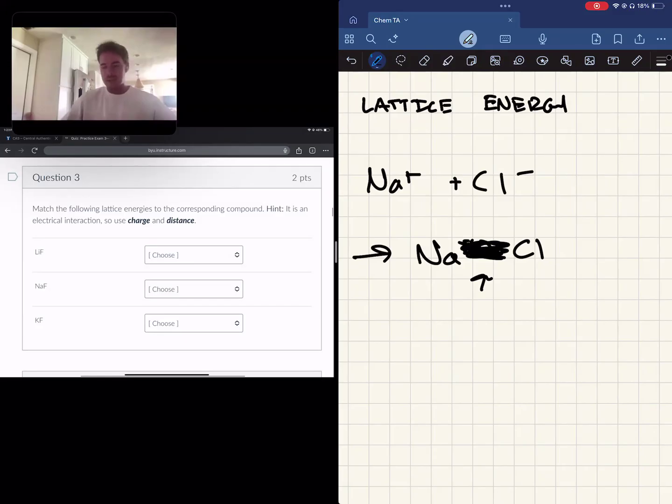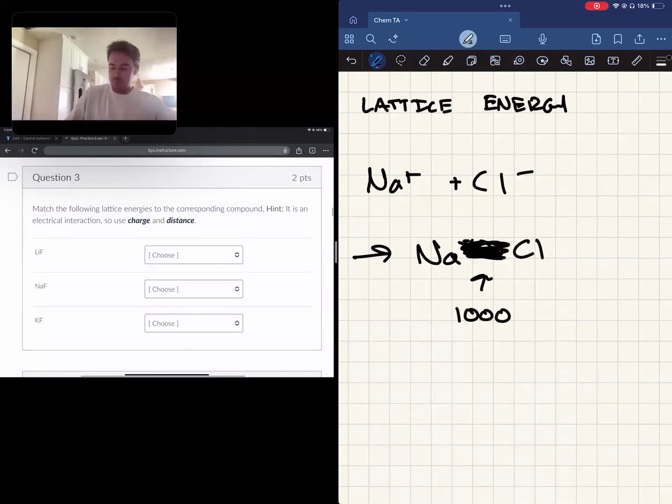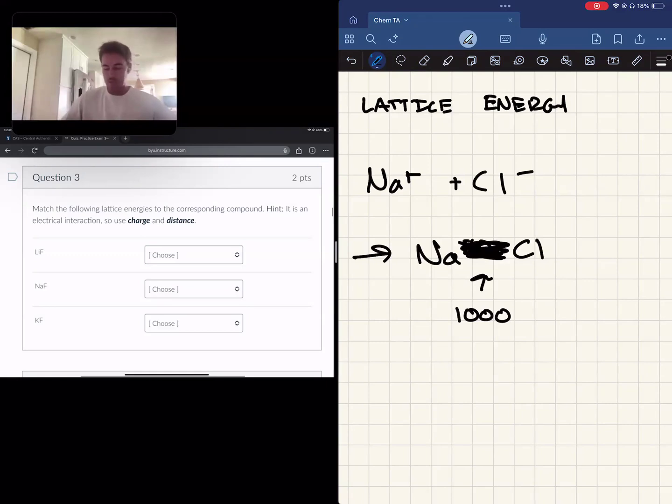It's technically the energy it takes to break this bond, because that's how strong it is. If it has a lattice energy of like 1,000, that's pretty strong. Okay. So that's kind of what it is.